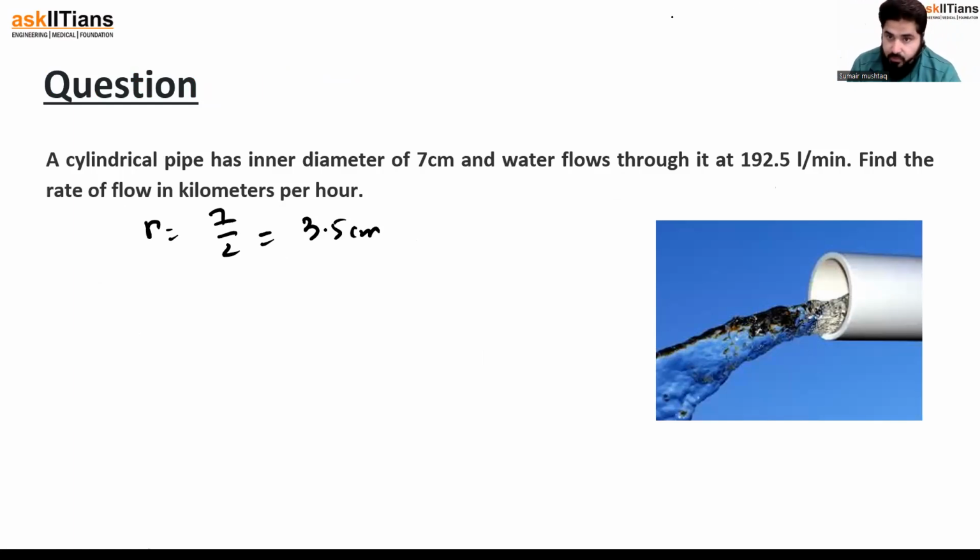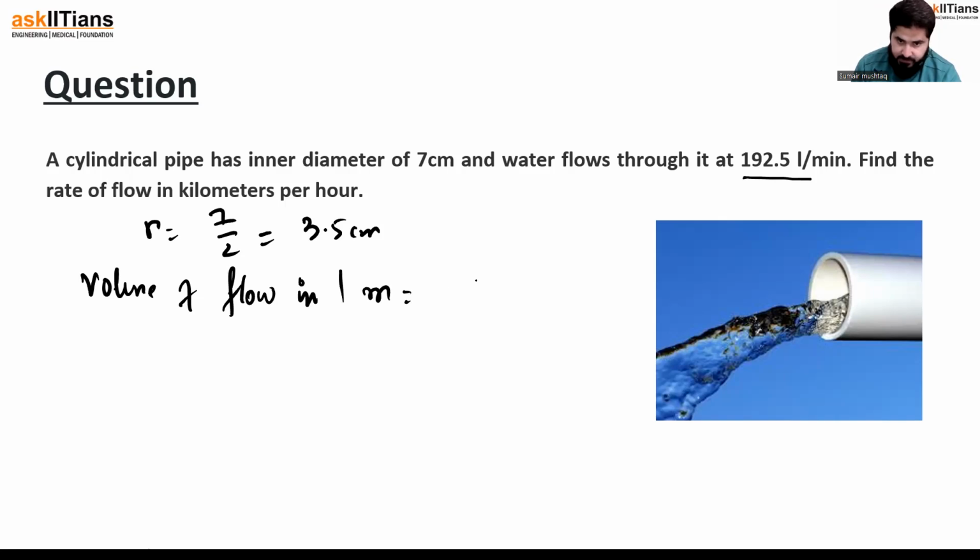Now the volume of water flow: you need to find out the volume of water flowing per unit time. In a minute it flows this. So the volume of flow in 1 minute is equal to 192.5 liters. Now find the rate in kilometers per hour. First of all, let me take it in 1 hour.